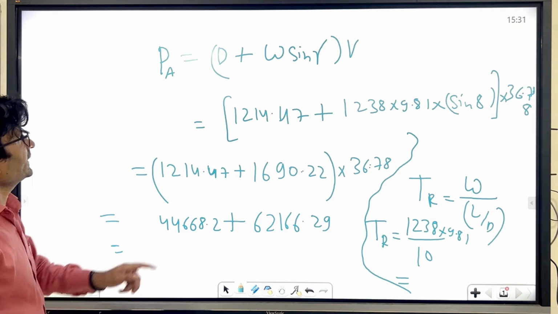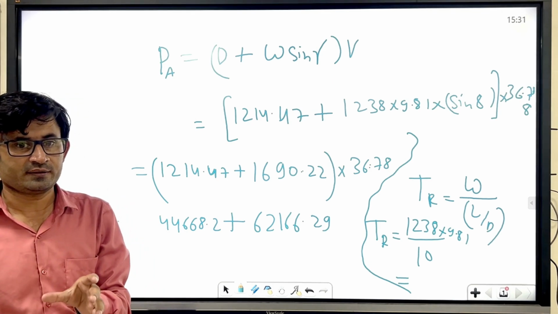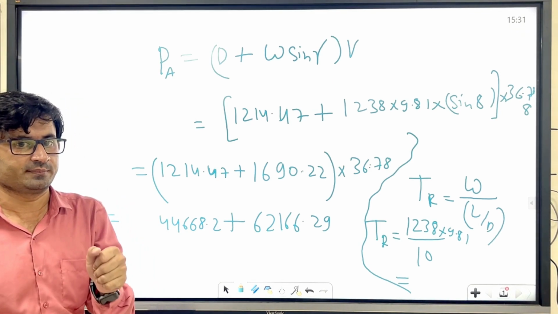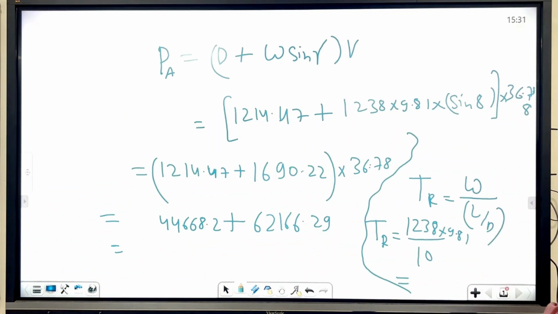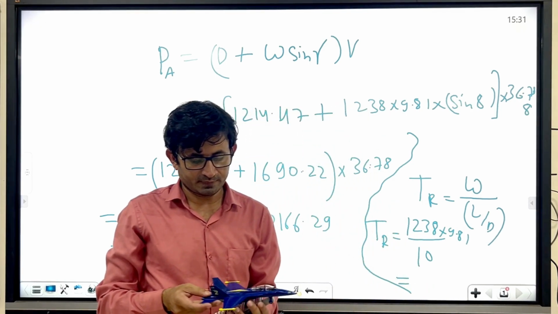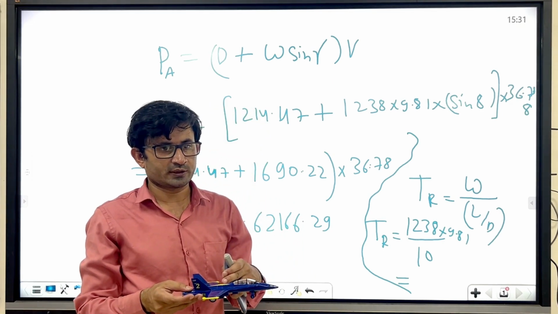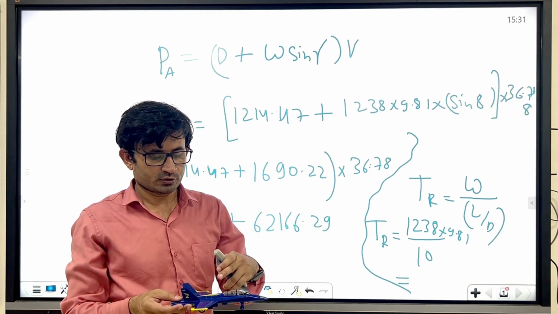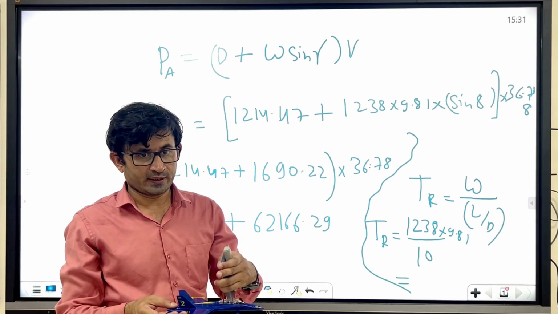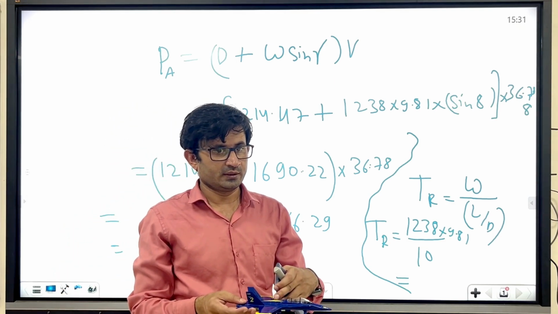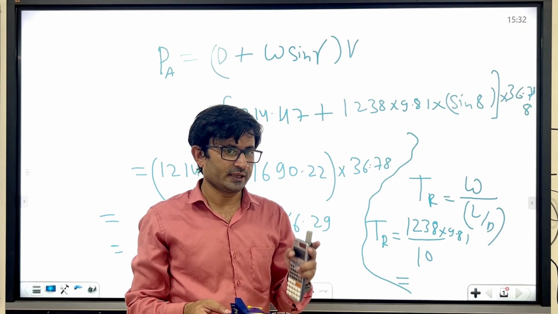But here D into V plus W sine gamma into V is nothing but the power required at that instant for a climb. You can understand it simply. For example, this is a steady state level flight. Let's say in this condition the power required is 50 watt, and if you put the throttle at maximum, you will get 100 watt power.